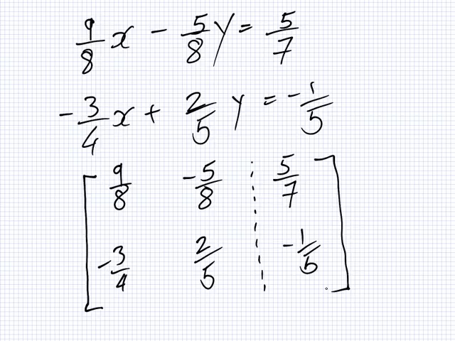The second rule is you can add any lines together and put the answer on either of the 2 lines. So for example, you could add this line and this line together and put the answer on this line or this line.